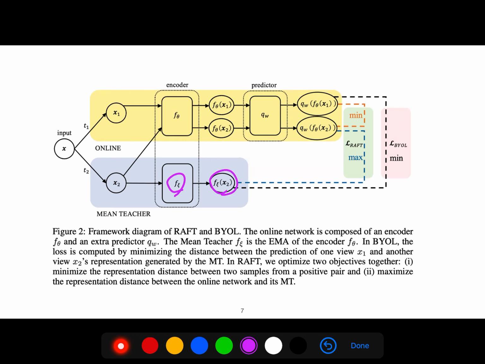In BYOL, the loss is computed by minimizing the distance between the prediction of one view and another view's representation, which is generated by the mean teacher. And in RAFT, we optimize two objectives together. First, we minimize the representation distance between two samples from a positive pair, and then we maximize the representation distance between the online network and its mean teacher.